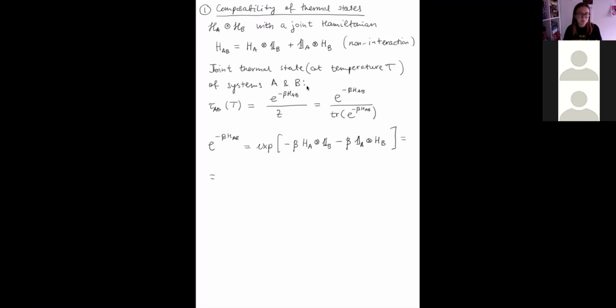Essentially, we take system A and diagonalize the Hamiltonian H_A, then we take system B and diagonalize the Hamiltonian H_B. And together these two bases in which these Hamiltonians are diagonal give us the basis for the joint system AB.